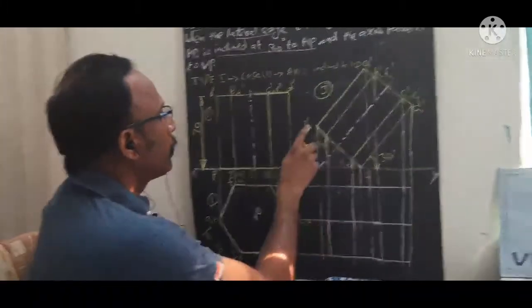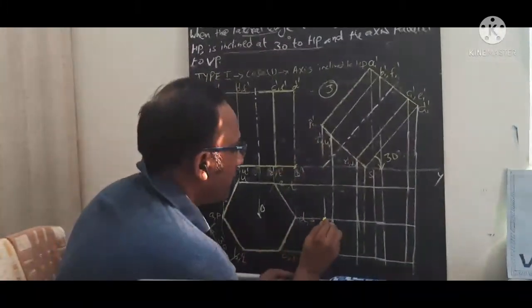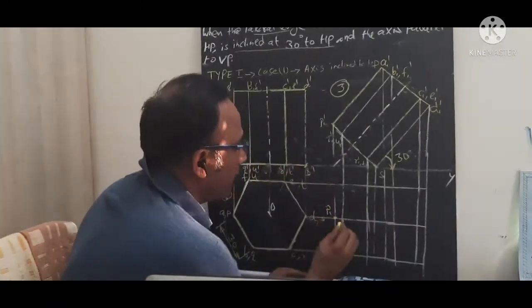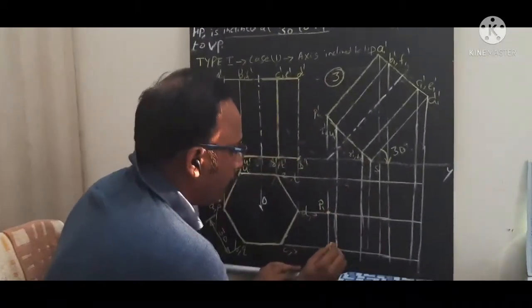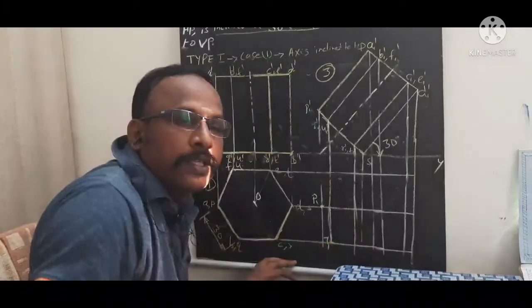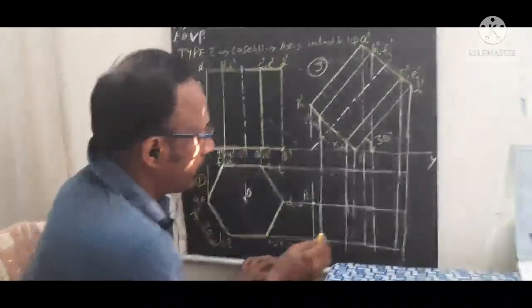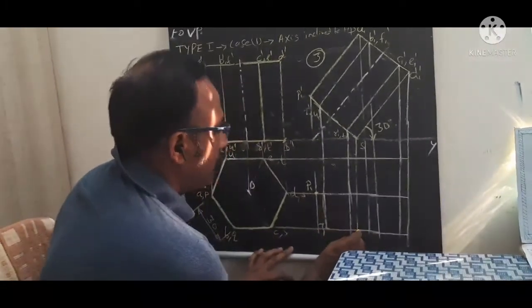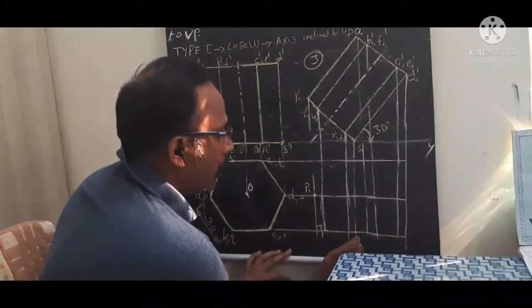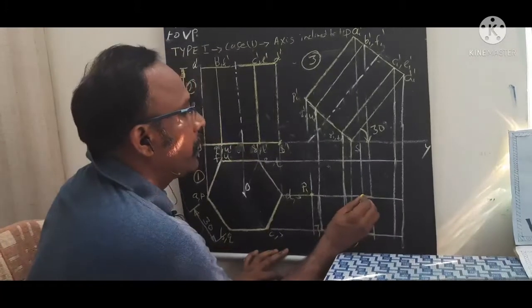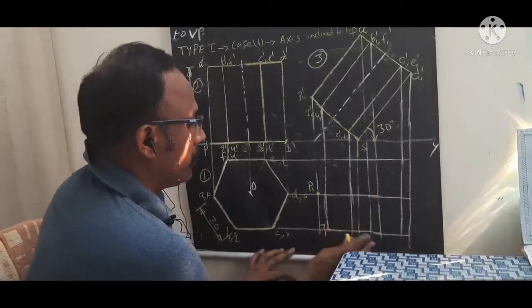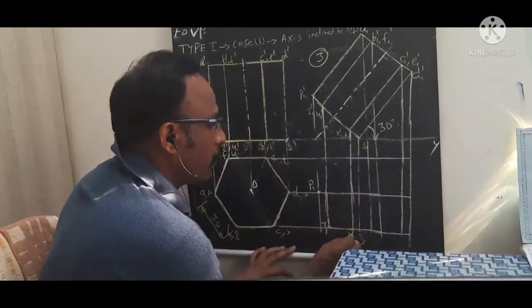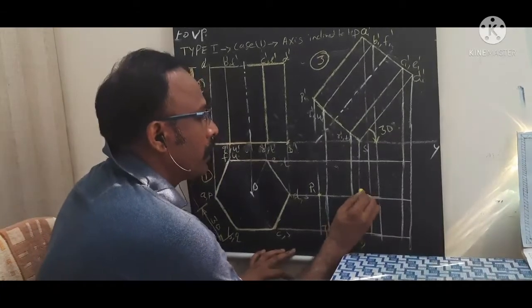Now the bottom points, D1 and B means here. This is my D1 point. This is Q1 point. This is the point R1. This is R1. This point is S1.